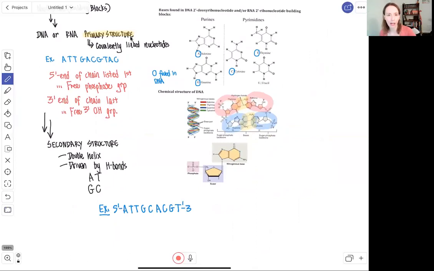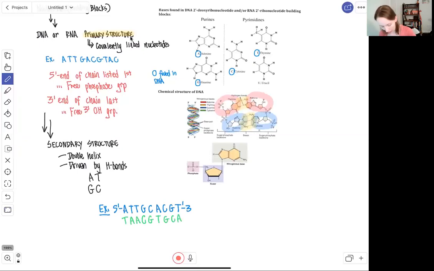Remember that the 5' end is listed on the left and the 3' end is listed on the right. We can draw in the complementary strand that would hydrogen bond with it to form a double helix. It's always going to be that T teams up with A. I'm just going through here listing all of my complementary nucleotides.